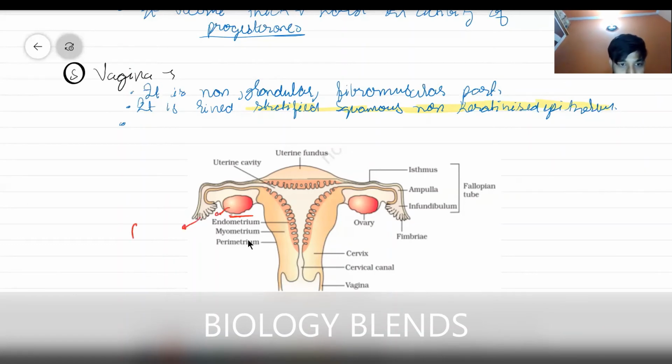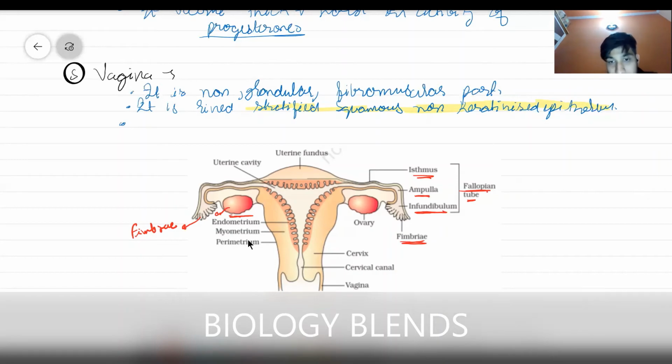This is the fimbriae of the fallopian tube, which catches the ova.